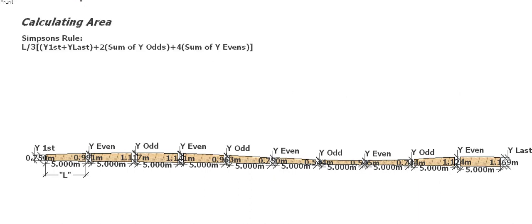So that is the formula for Simpson's Rule. It's the length divided by 3, times the first and the last height added together. Then we add 2 times the sum of all our odds, so we take all our odd readings and add them together, and then times them by 2.